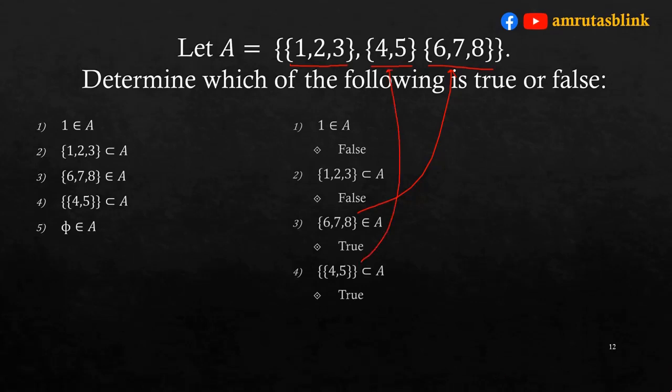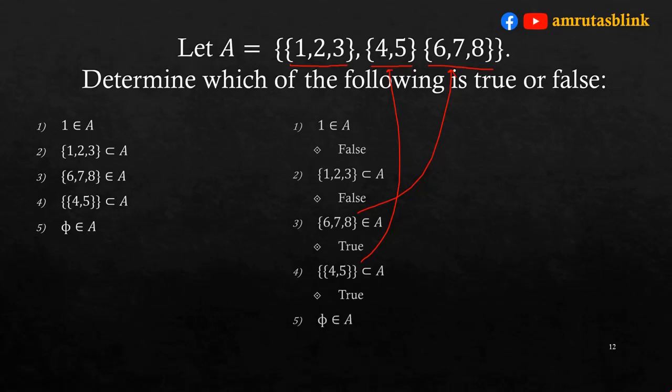Earlier, 1, 2, 3 were elements, and the question was whether {1, 2, 3} is a subset of A. That statement was false. But here this {4, 5} as a bunch of elements is considered as a set, and now the question is if this bunch belongs to A. Yes, this bunch is there, and hence this statement is a true statement. So this bunch is a subset of A, that is a true statement.